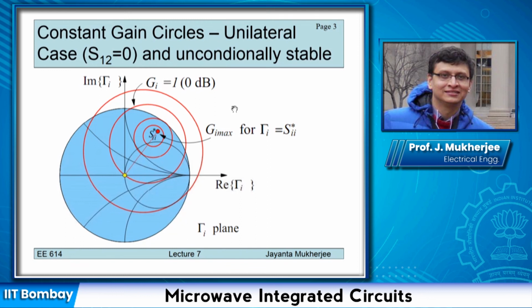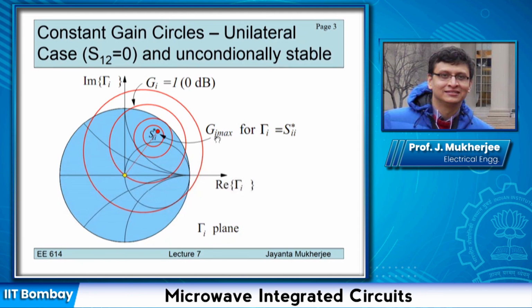The red lines are the gain circles whose equation I just wrote. You see that all the centers of all the gain circles lie on this line from the origin to SII conjugate. Now GI equals GI max happens when gamma I equals SII conjugate.